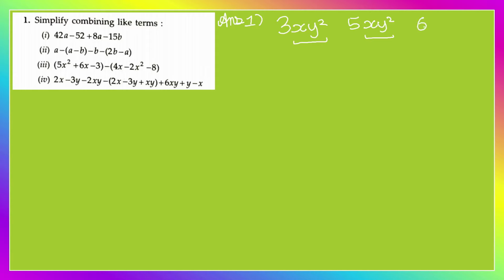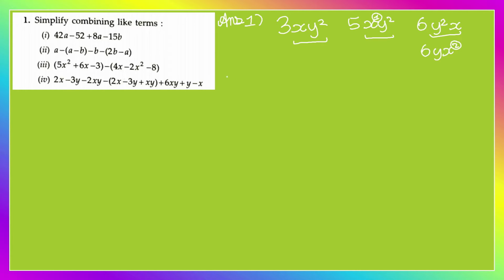If I write 6y squared x, it would also be a like term because they have the same variables and order of multiplication does not matter. But if I write 6yx squared, it would be an unlike term because here x squared is there and here only x is there. So we have to be careful about which terms are like terms.